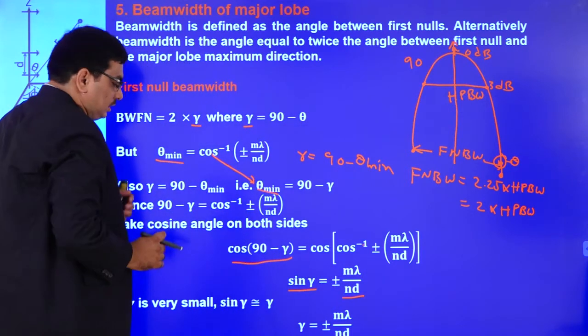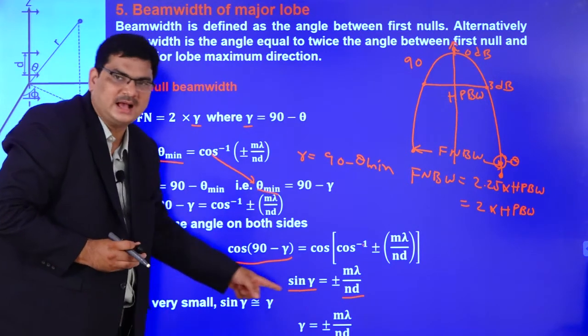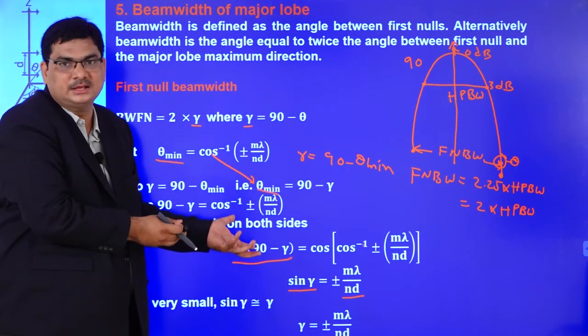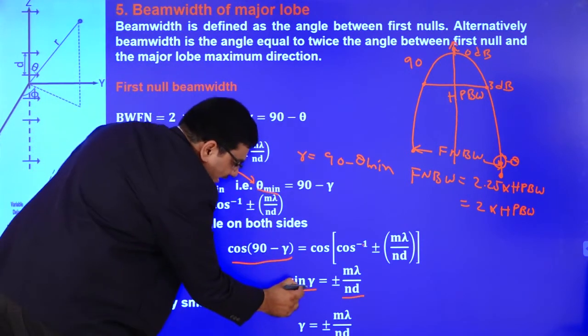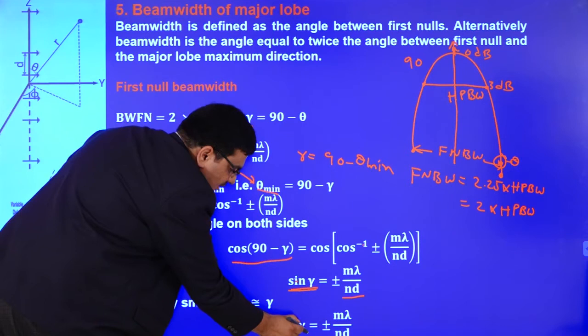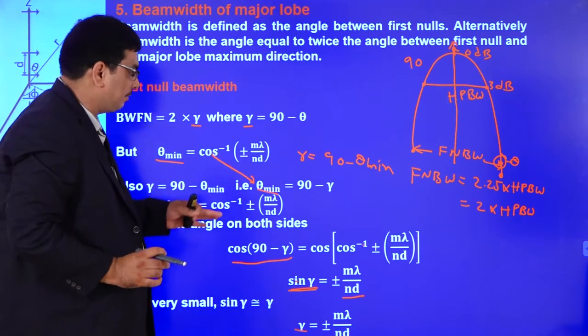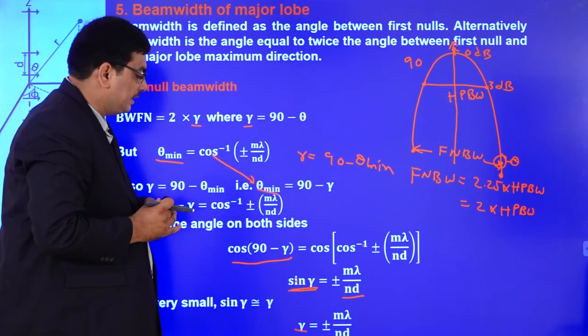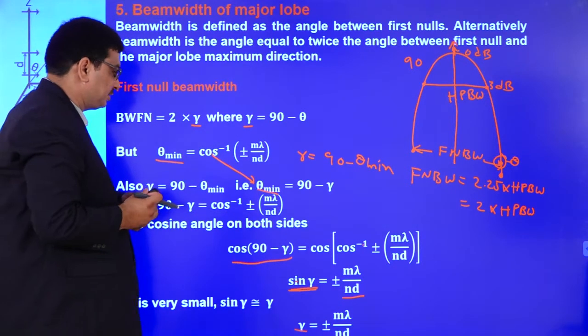If zeta is very small, because it is 90 minus something, we take sin zeta equal to zeta, which is equal to plus or minus m lambda by nd. So that is the beam width expression.